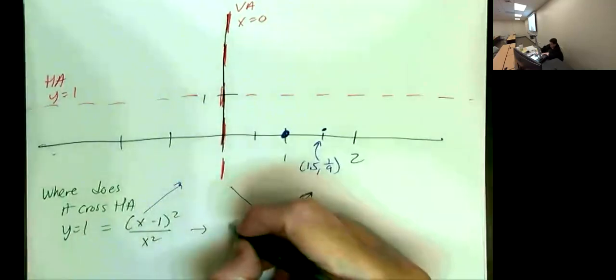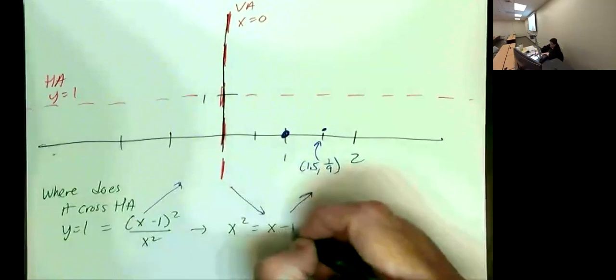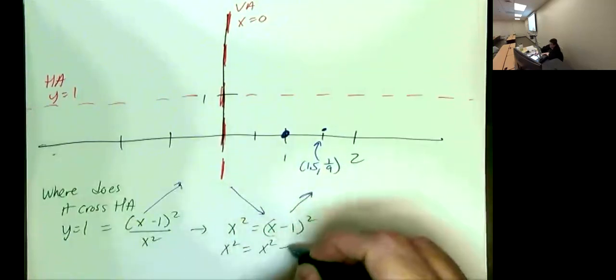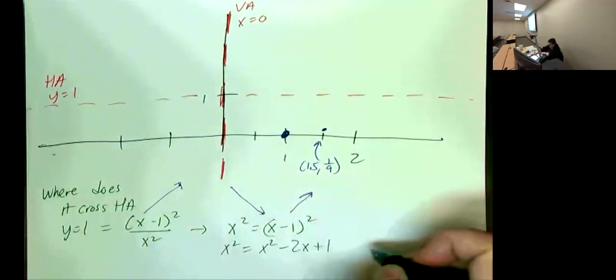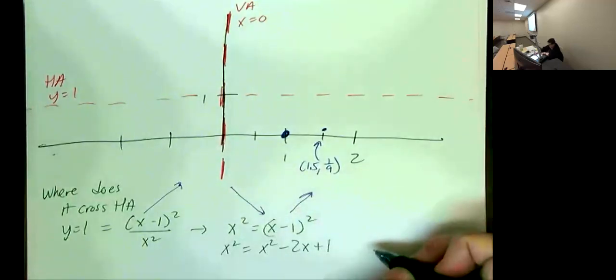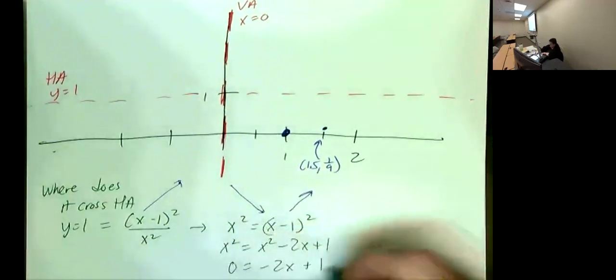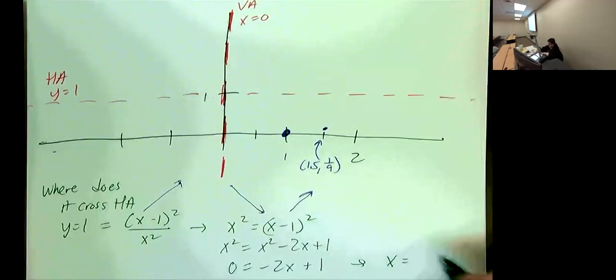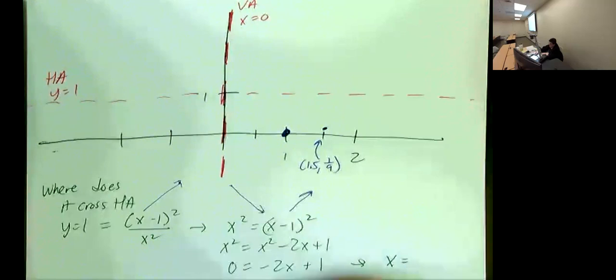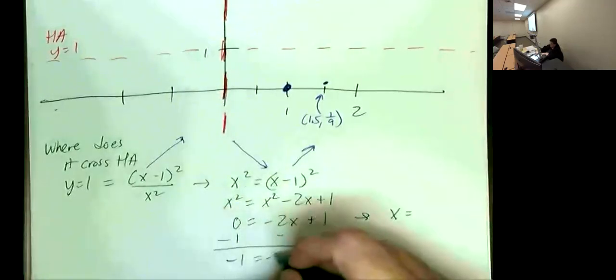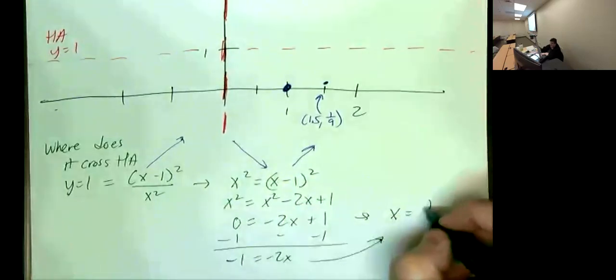I get x squared equals (x minus 1) squared. So only at x equals 1/2. So it only crosses right here.